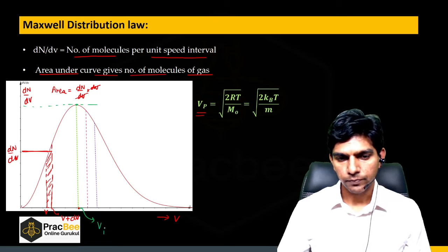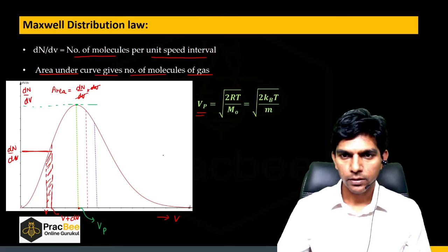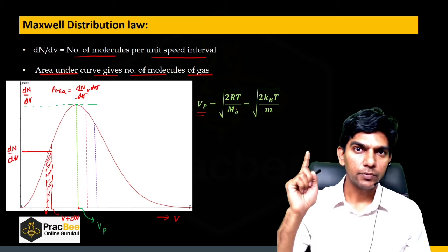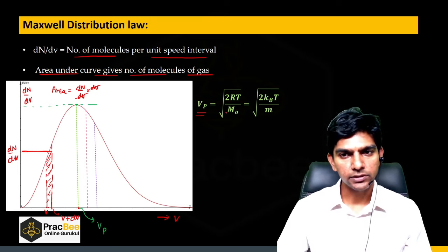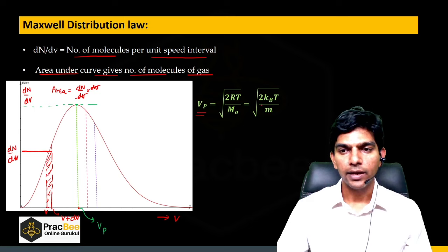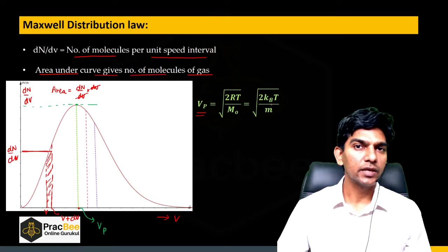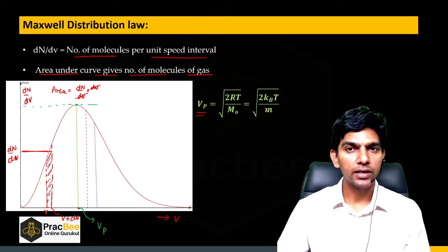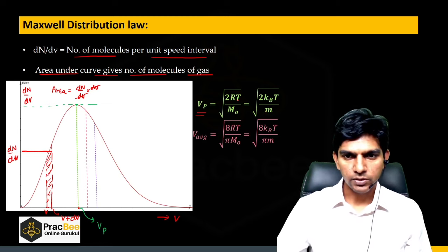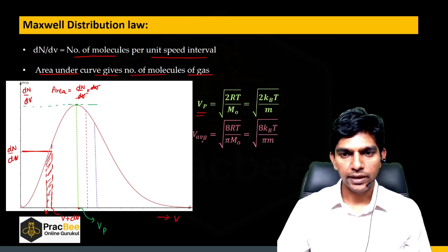So this is Vp. The formula is root of 2RT by M naught. In VRMS, it was root 3RT by M naught; here it is root 2RT by M naught. We can also write RT by M naught as KBT by small m, where small m is the mass of one molecule.